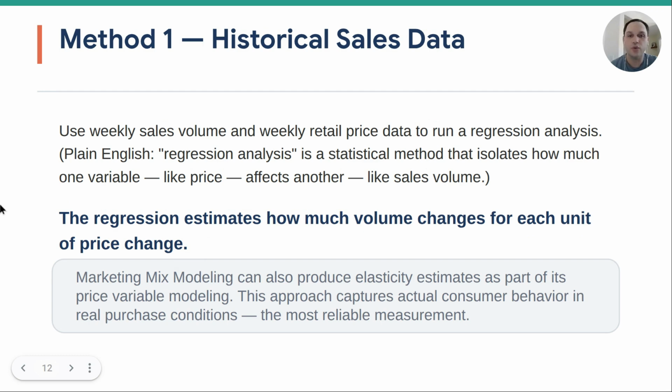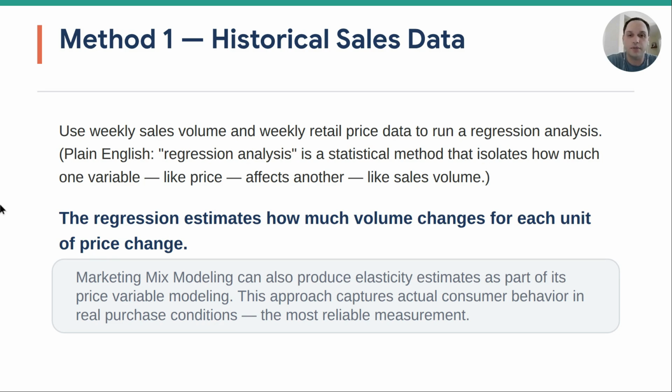The most accurate way to measure price elasticity is from your own historical sales data. You take weekly sales volume and the corresponding retail price per week and run a regression analysis, a statistical method that isolates how much volume changes for each unit of price change, while controlling for other factors like seasonality and promotions.